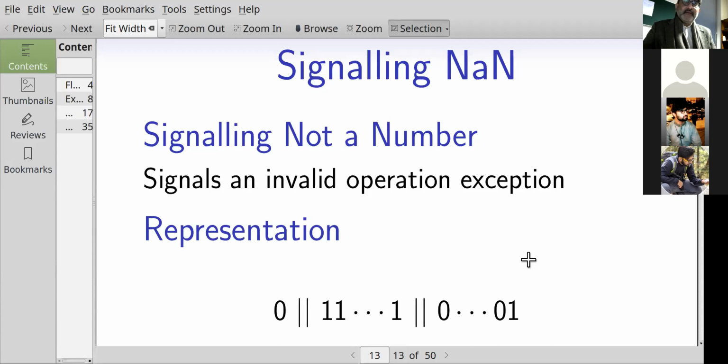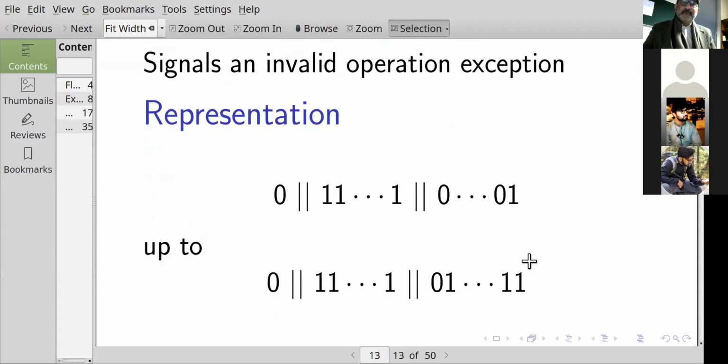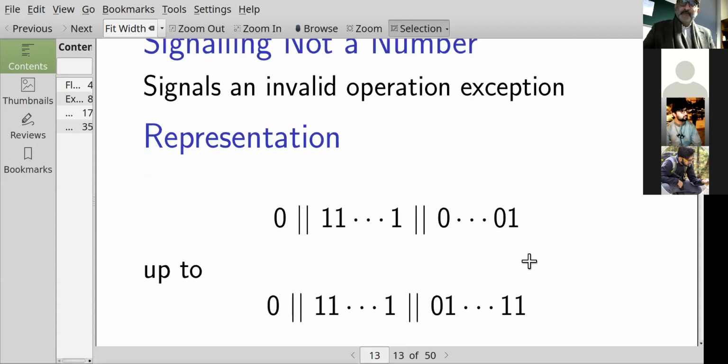So that representation, again, I don't expect you to memorize all of these, but I just want you to know that there is, in fact, a way of representing this within the 64 bits that we allocated.